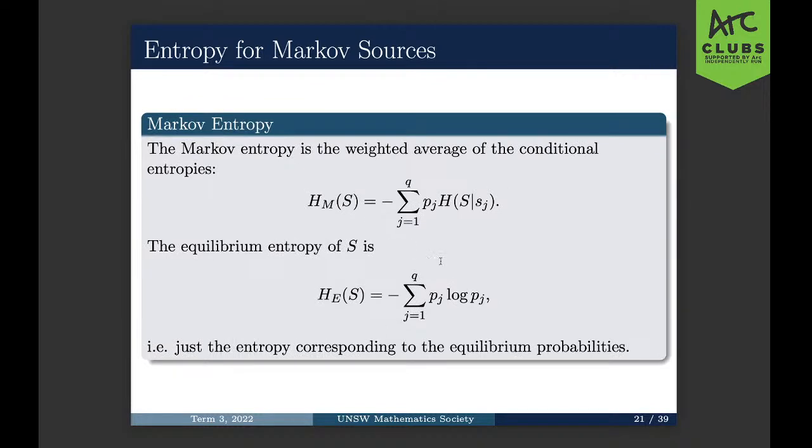The Markov entropy is just the weighted sum of all of those column entropies based on the equilibrium probability of that column. So for the first column, we find the entropy, multiply by the equilibrium probability of the first symbol, and just continue that, summing it up for the other columns. The equilibrium entropy is just the entropy corresponding to the equilibrium probabilities in the vector P.